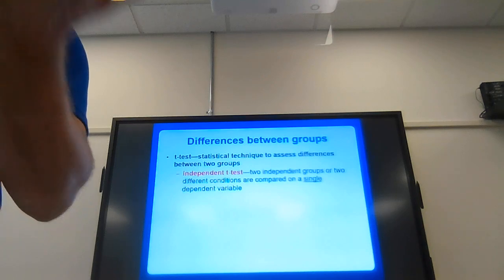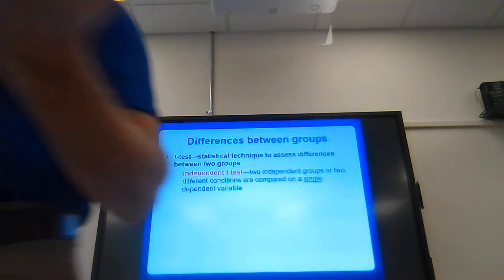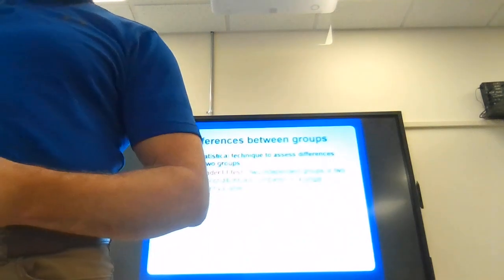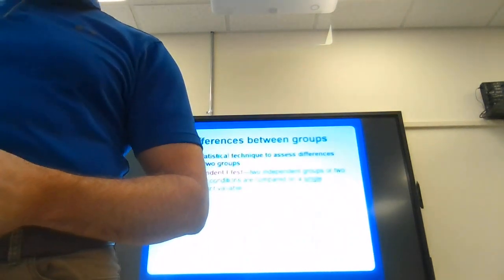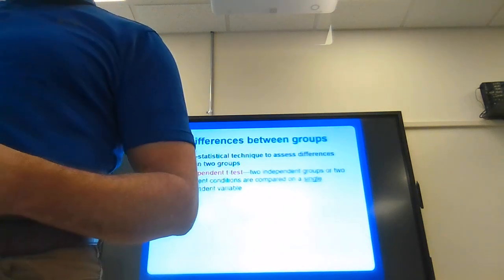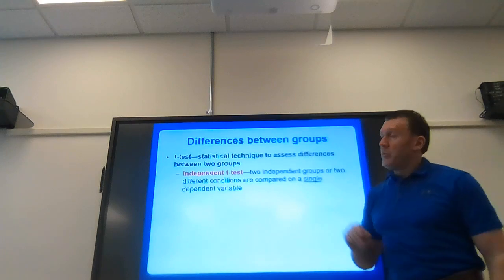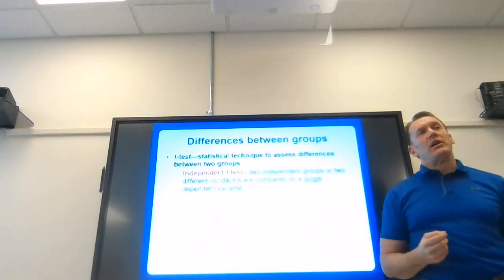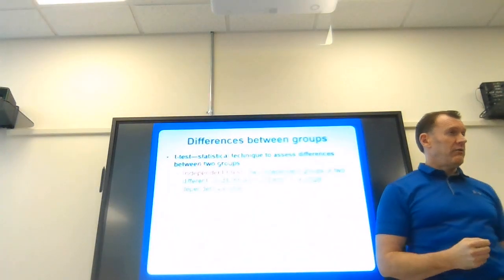So participants are not going to be able to tell the difference, in other words, whether they're getting the placebo or the experimental. Then they do the step test, and afterwards the single dependent variable is an assessment of blood pressure following the test.